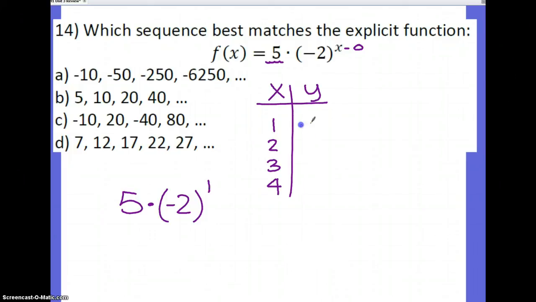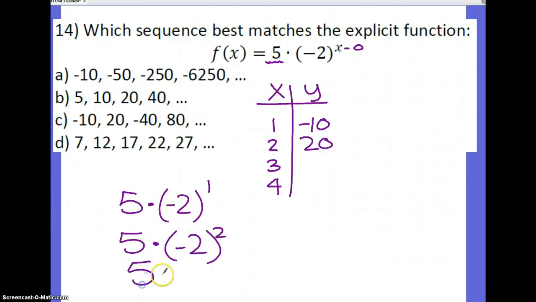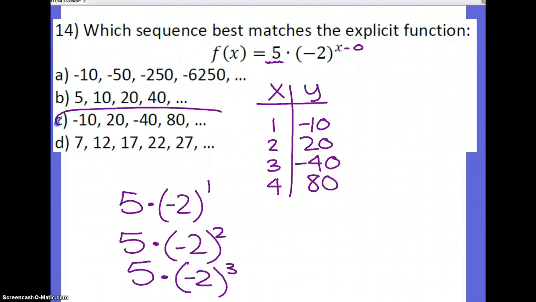In this case, it'd be -10. If you plug in a 2 for x, we would get 20. Again, if you plug in a 3 for x, you would get -40. And again, if you plug in 4 for x, you would end up with 80. So in this case, our answers match up with answer choice C.